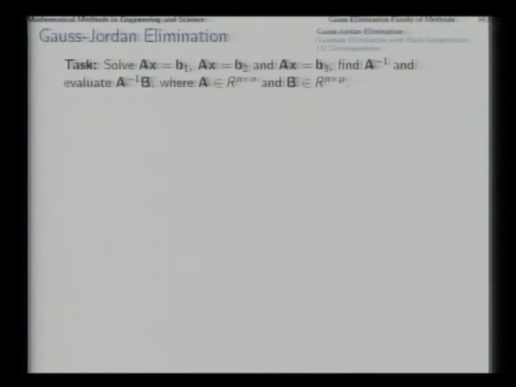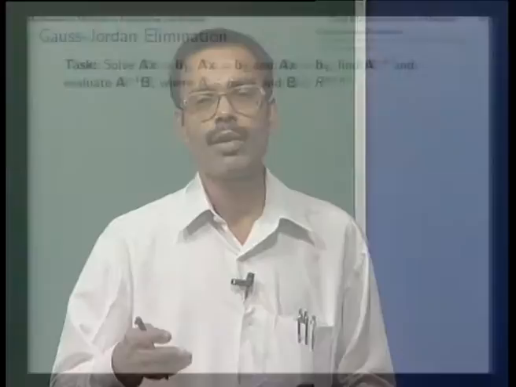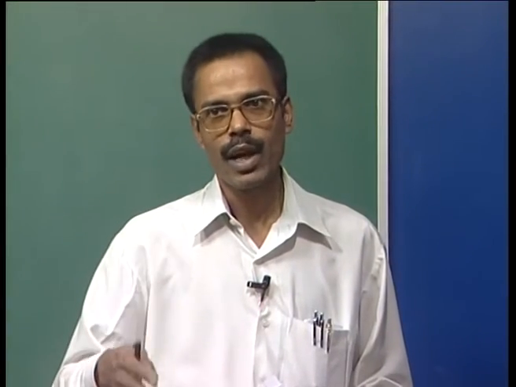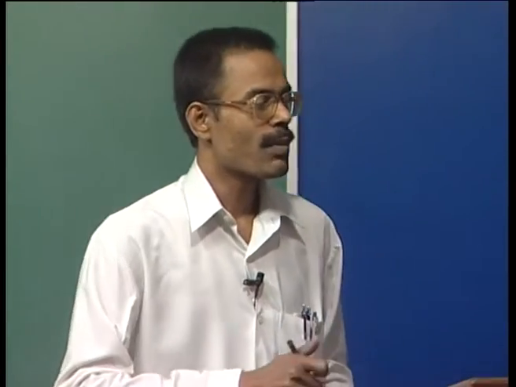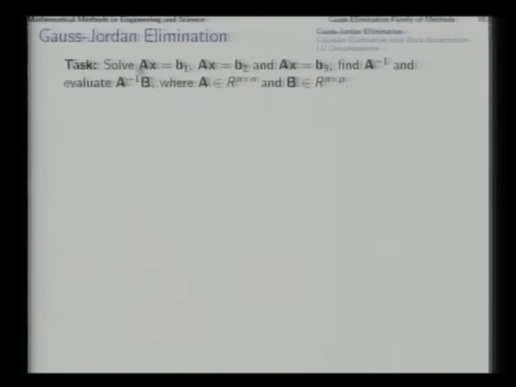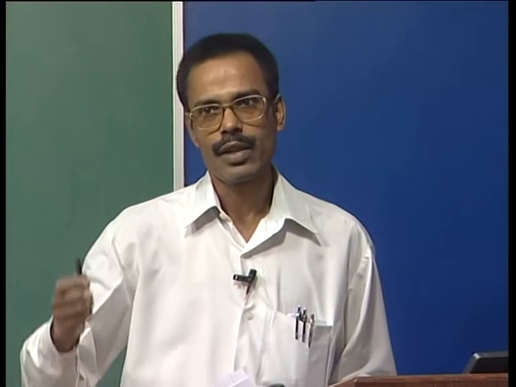The good thing in the Gauss-Jordan elimination method is that the method goes in a systematic manner irrespective of how many right hand sides you have to solve for. For example, if you have to solve the system Ax equal to b for different right hand sides b1, b2, b3, and at the same time you want to find the inverse of the matrix also, which is the same thing as solving the system Ax equal to b for n different right hand sides.